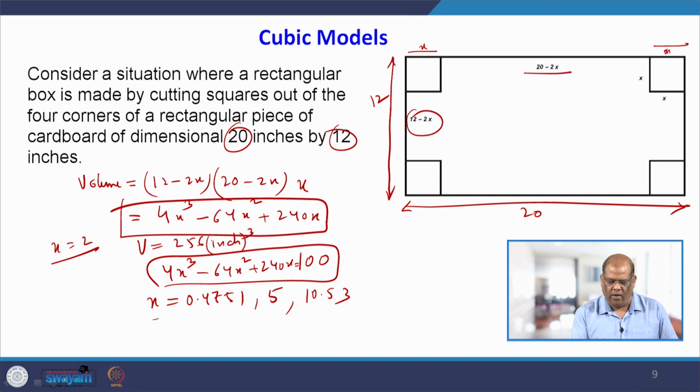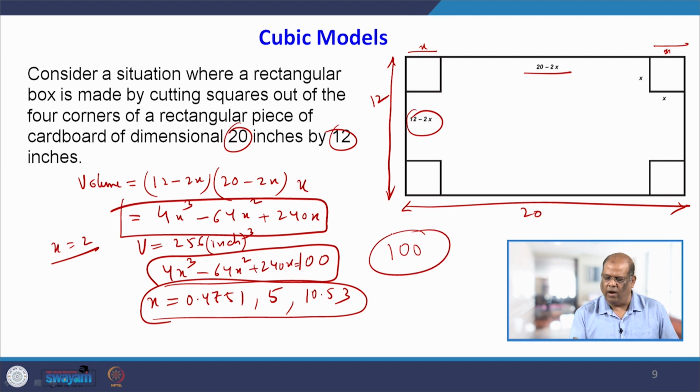So, approximately you can choose any one of the values for x, for which your volume will be 100, and as per convenience of the shape of the box or what kind of product you are sending in that particular box, you choose your x values, but it will give you the same constant volume 100.